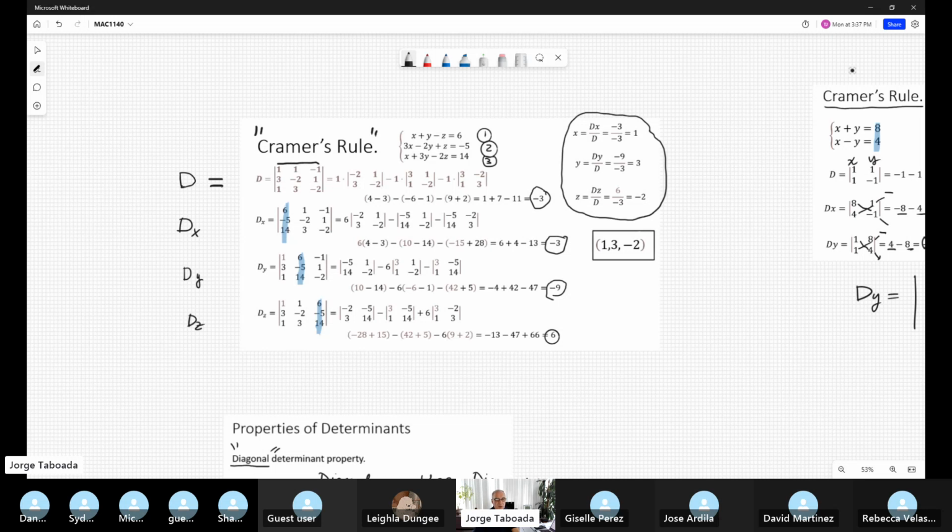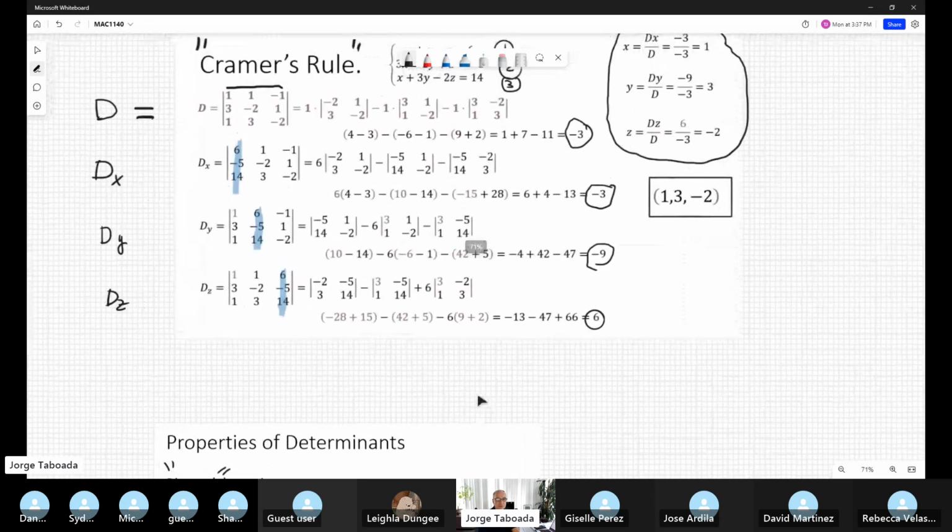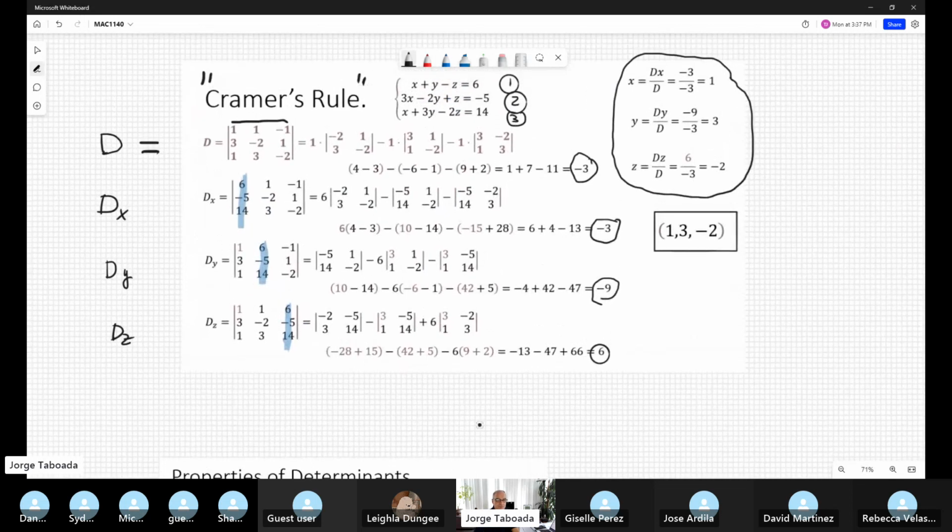So you expand the row one, let me show you, let me zoom. Look, this one is this one. And when you delete this row and this column, stay this determinant. It's exactly as I copy here.